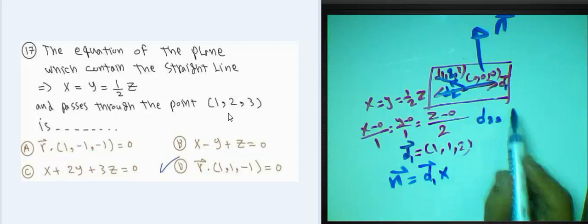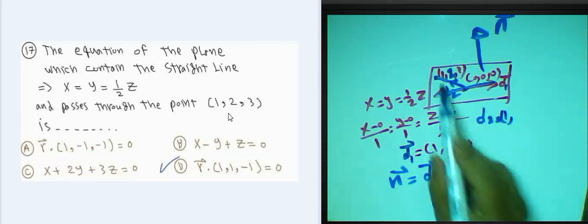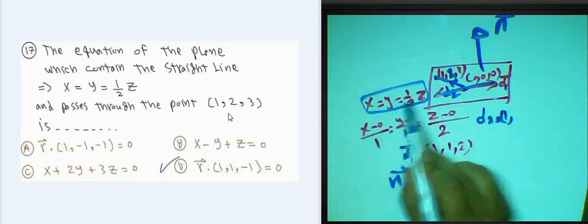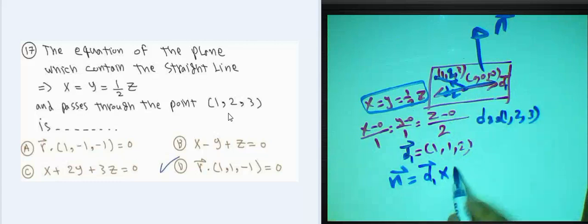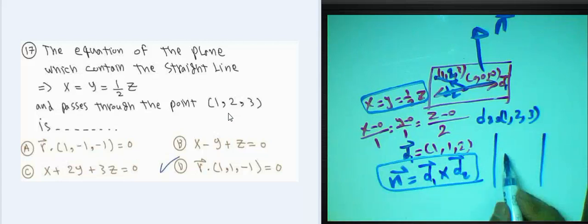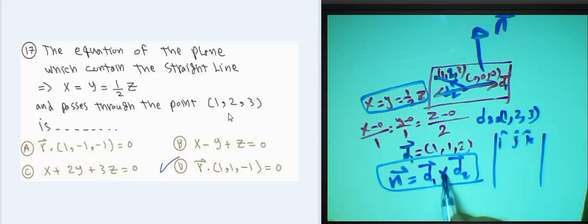It will be 1 minus 0 equals 1, subtracting between 2 points, because it lies between the 2 points (1, 2, 3) and (0, 0, 0). This point lies on the straight line x equals y equals half z. We can write 1 minus 0 equals 1, 2 minus 0 equals 2, 3 minus 0 equals 3. We can find the cross product between d1 and d2 to find vector n. Write i, j, k, and write d1 and d2.